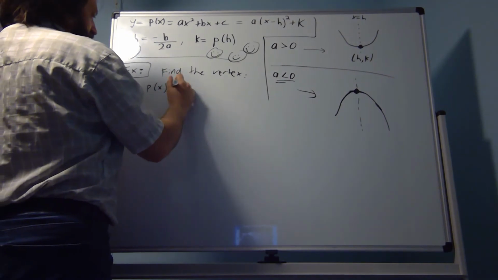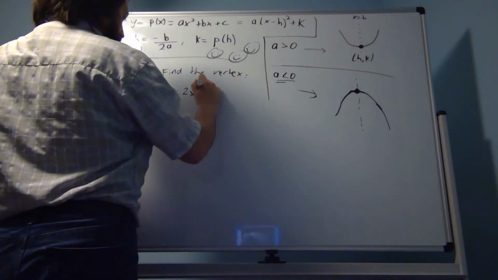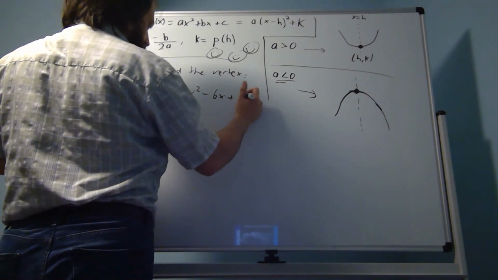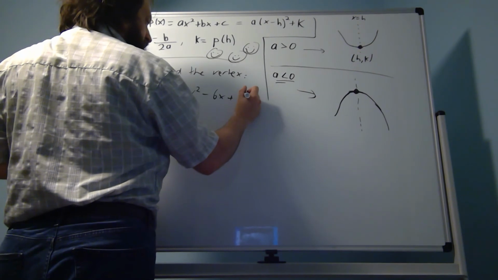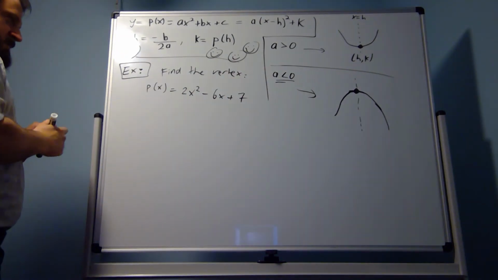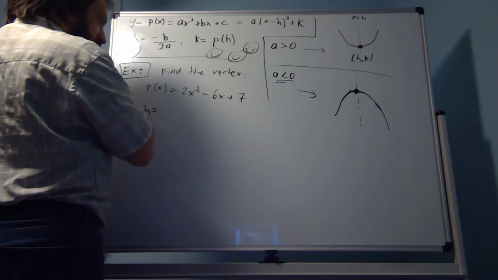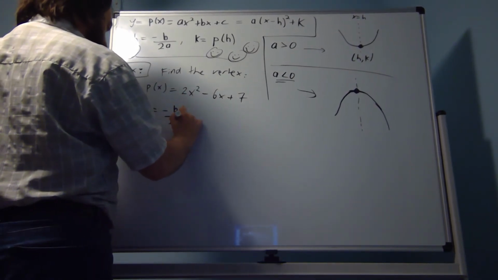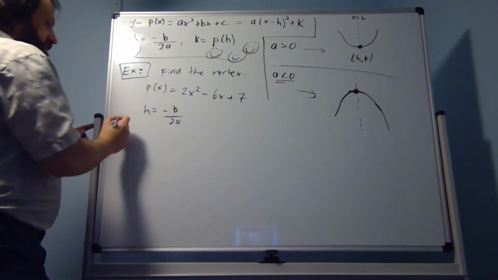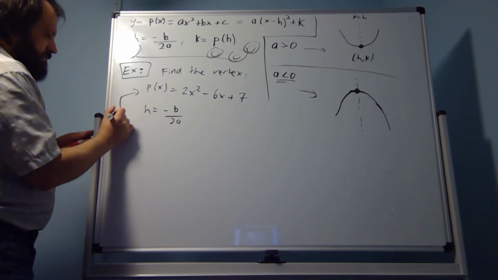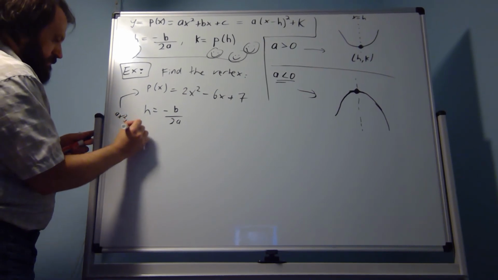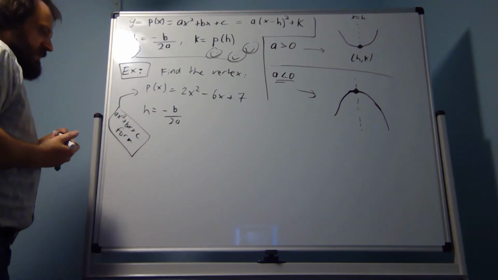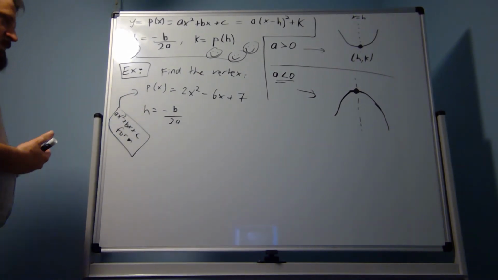So let P of x be 2x squared minus 6x plus, I don't know, 7. Sure. All right, let's do that. Our equation is in ax squared plus bx plus c form.